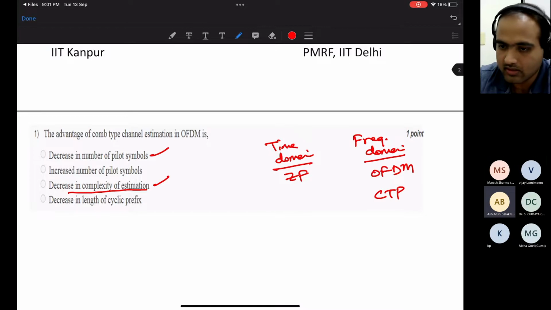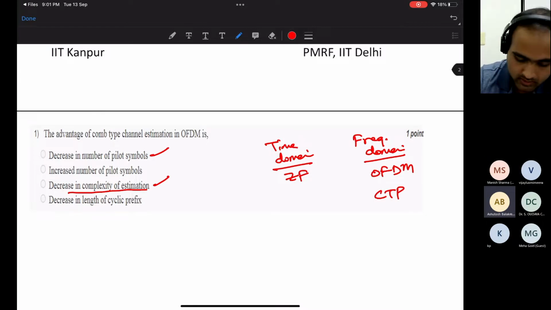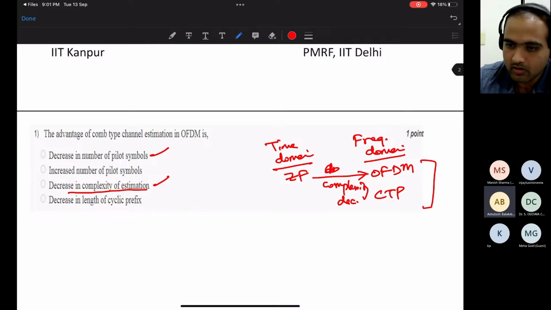These are the three strategies which we saw. So yes, as compared to zero forcing, certainly the complexity decreases. It will decrease in both the cases, because both are using DFT and IDFT. But here it is the advantage of CTP over OFDM.